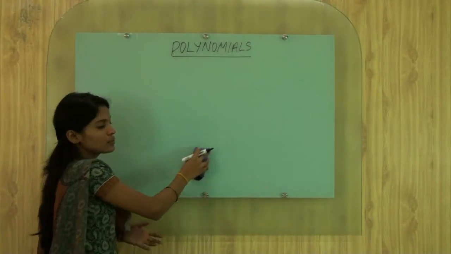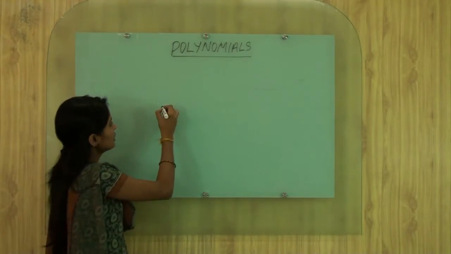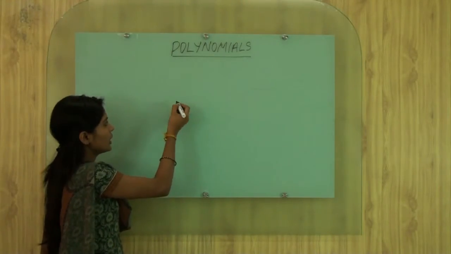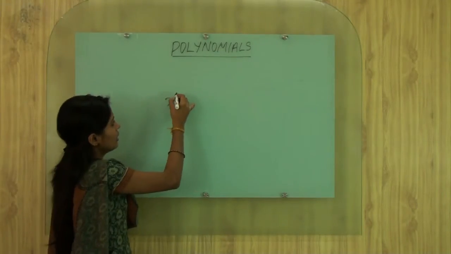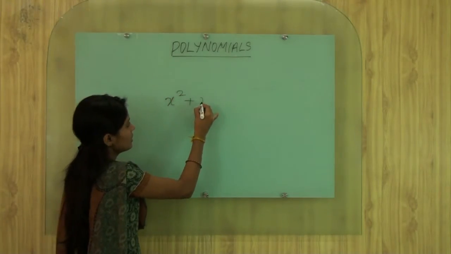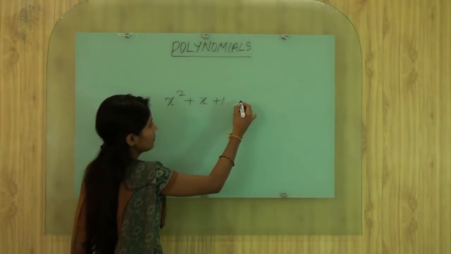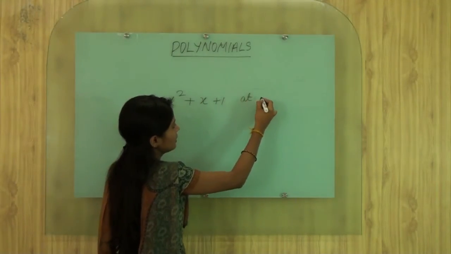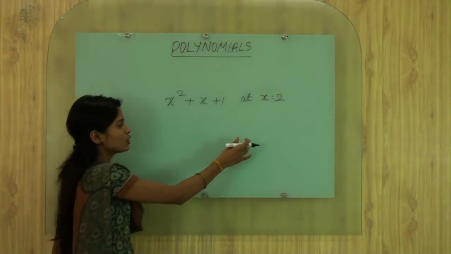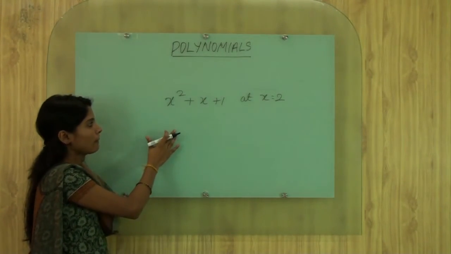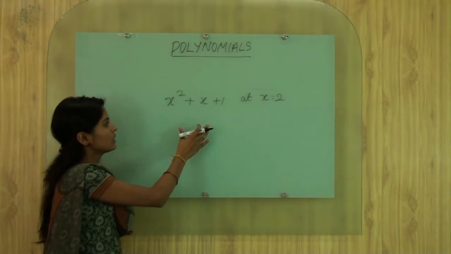I give you an exercise problem. Substitute in the polynomial x square plus x plus 1 at x is equal to 2. You have to substitute and solve the problem.